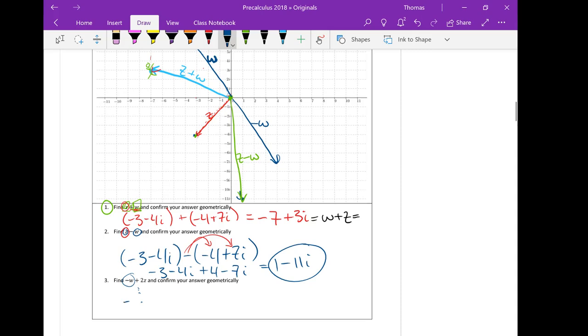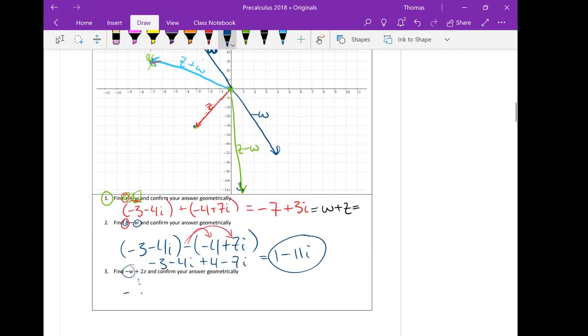Let's do this algebraically first. Negative w is negative 4 plus 7i, plus 2 times z, and z is negative 3 minus 4i. Algebraically, this is 4 minus 7i plus, distributing our 2, negative 6 minus 8i.